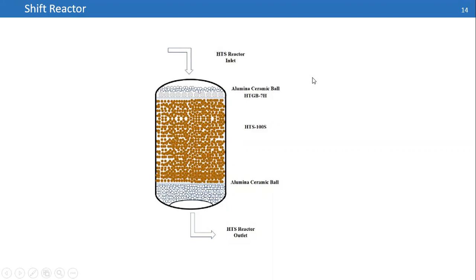So the low temperature shift reactor brings the 3% down to around 0.1%, which is quite low.